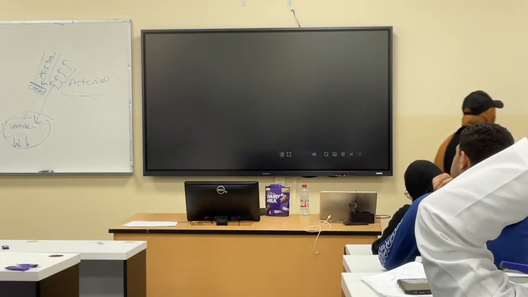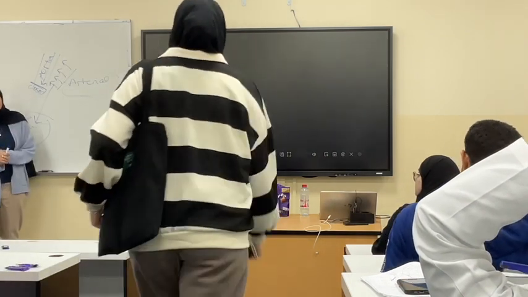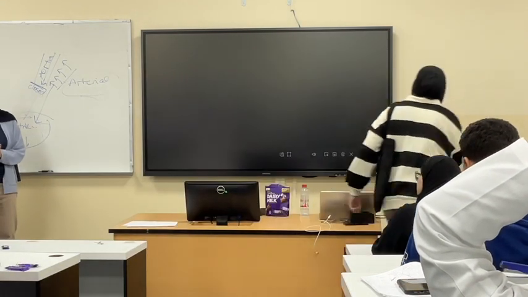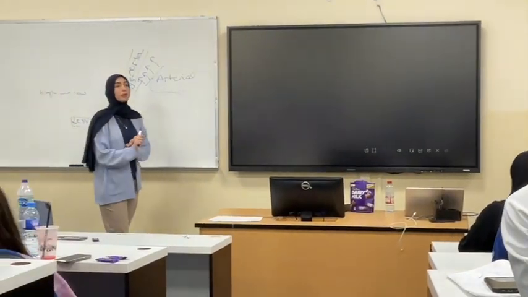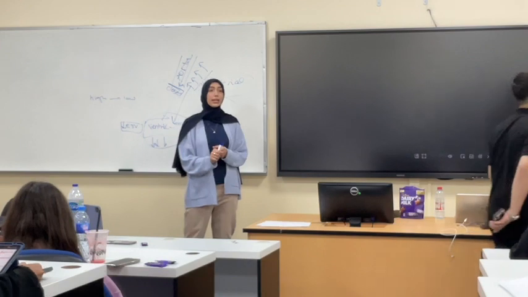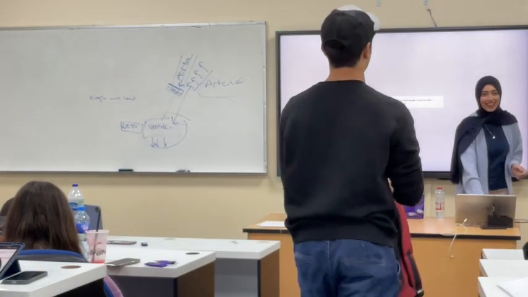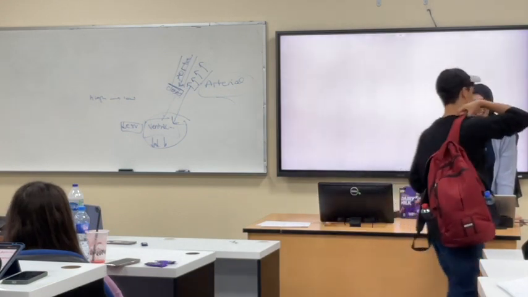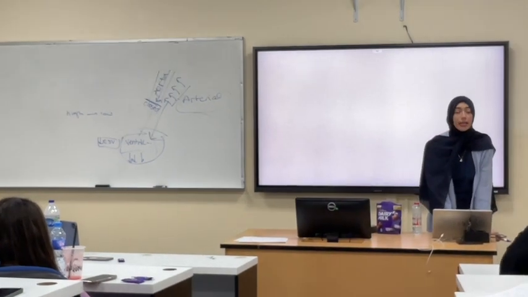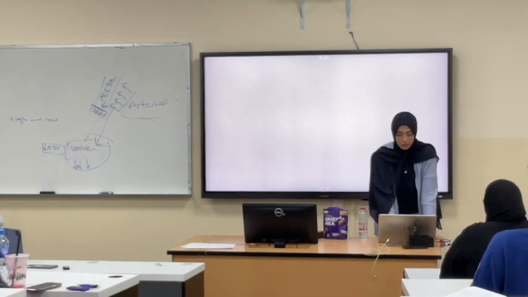But if I have high arterial blood pressure, what will happen? Less blood left in the ventricle, or high ESV? If you have high arterial blood pressure, arterial.